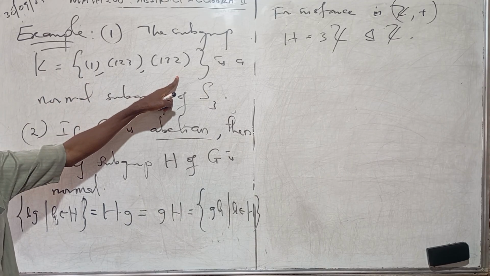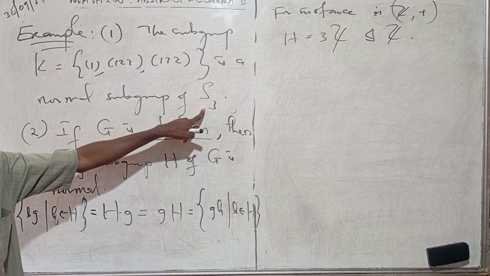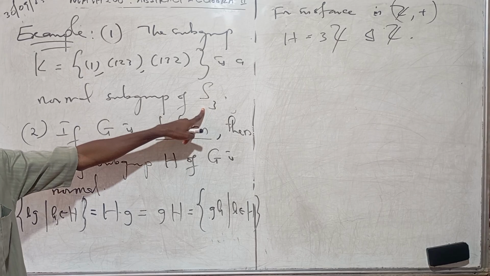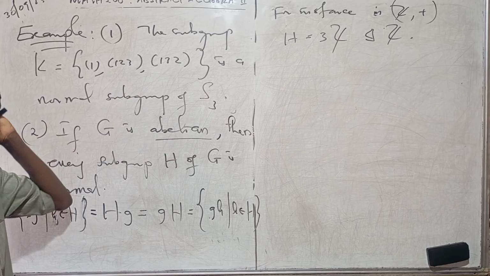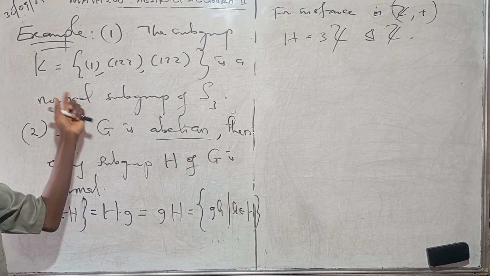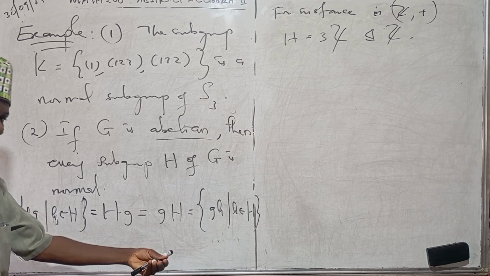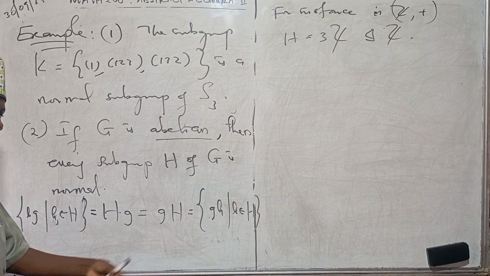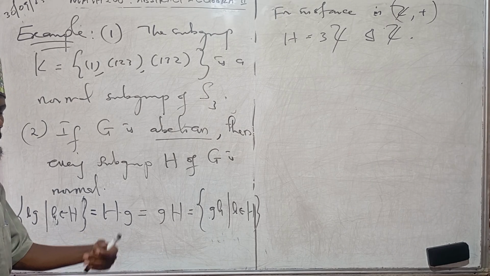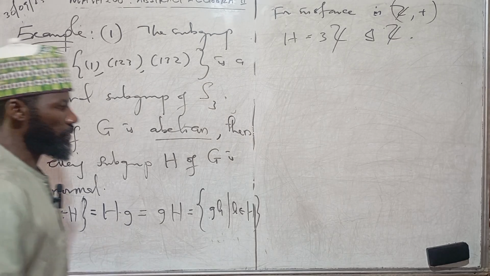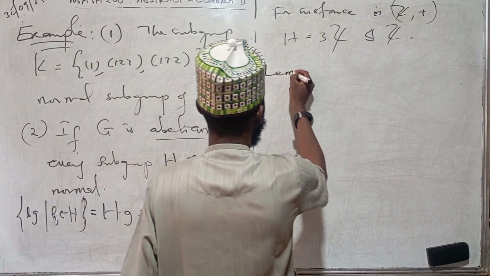This subgroup is of order 3, and the group is of order 6. The index is 6 over 3, which is 2. So it is a subgroup of index 2 and happens to be normal. This property is general with all subgroups of index 2. So once a subgroup is of index 2, it will always be normal.